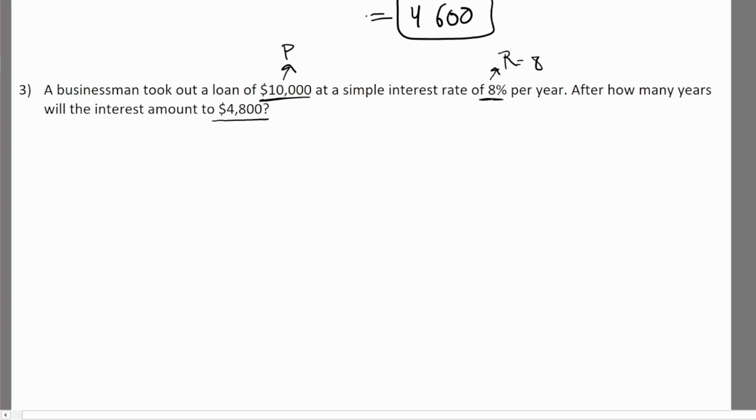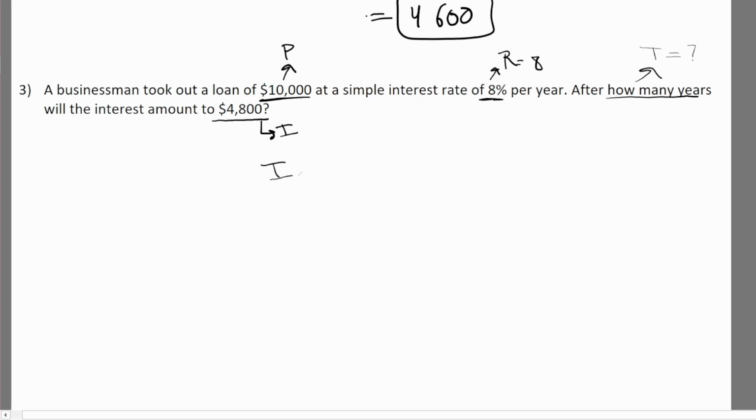Okay, so the question is asking me after how many years. So we're being asked about T. Will the interest amount to 4,800? So this right here, this is I. This is the interest. So we're being asked how many years will it take so that the interest reaches 4,800. So we're just going to go ahead and solve this with the rule again.